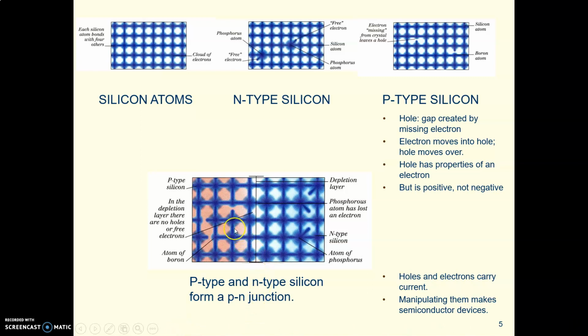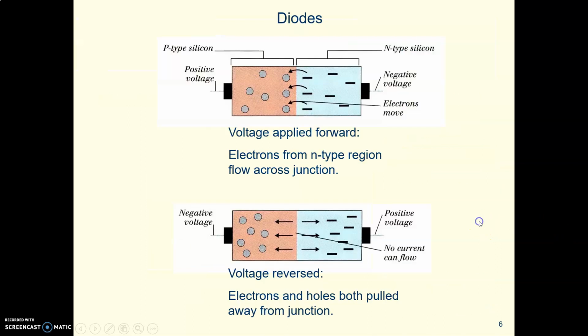and it's how we put them together that makes semiconductor devices. So if we put a P-type and an N-type together, that place where they came together is called a junction. And electrons or holes tend to want to jump across that junction and flow if we apply some voltage.